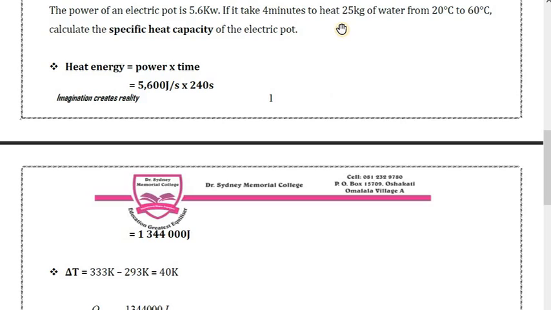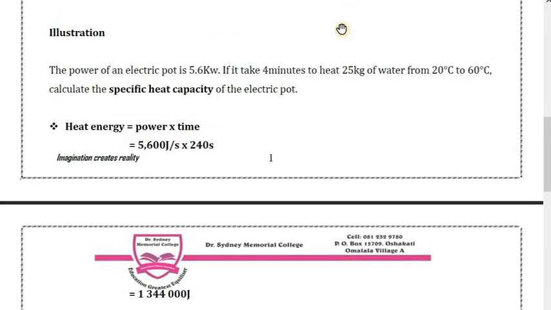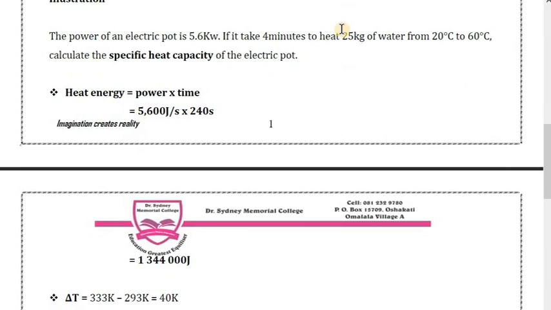Because power is joules per second, and you are looking for energy, and energy is just joules, it means you have to remove these seconds. I hope you can pause this video and replay it. I'm just going to speak through it, but you can pause and replay it.